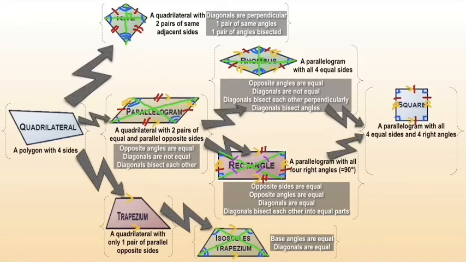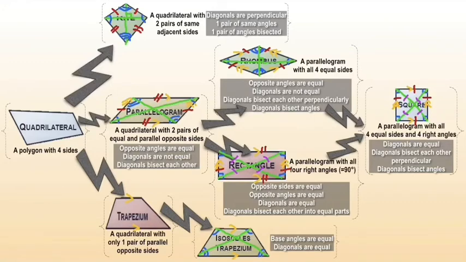So the property of a square is that their diagonals are equal, which means that these two diagonals are going to bisect each other into equal parts. So these are going to be equal, and also the diagonals will bisect each other perpendicularly.